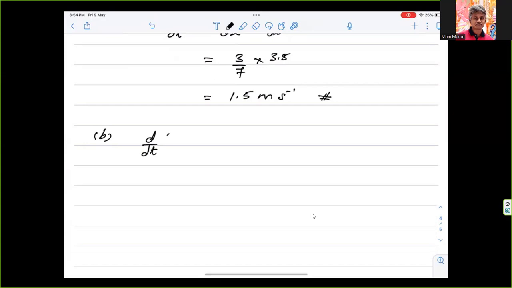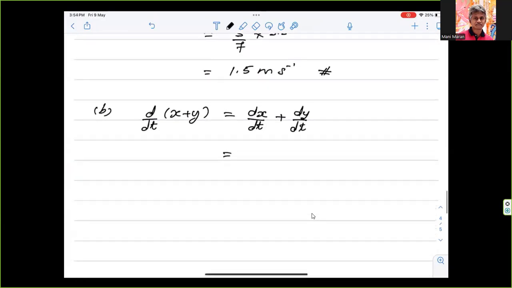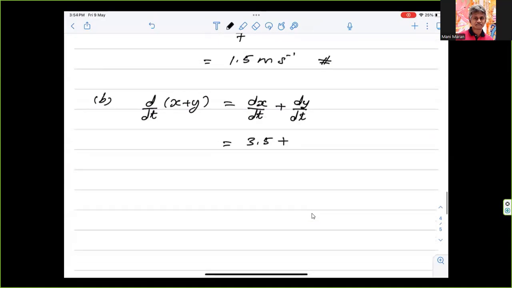This is given by dx by dt plus dy by dt. dx by dt is given in the question, which is 3.5 meters per second, and dy by dt we calculated earlier, which is 1.5. So this gives you 5 meters per second.